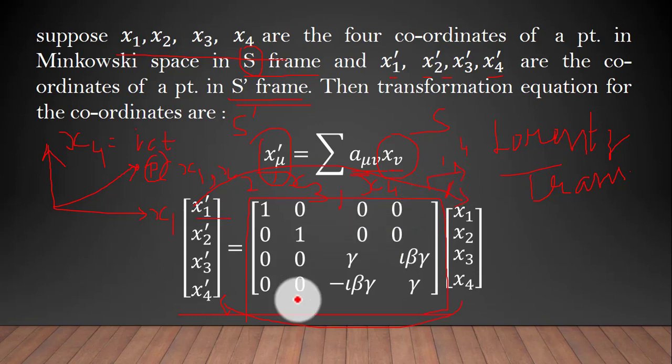Reverse these matrices, invert their positions, and then you will get the transformation equation for the points in the S frame of reference. So we will have the value in the S prime frame of reference, and we can get the value of the coordinates in the S frame of reference.